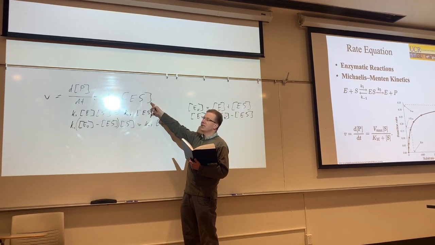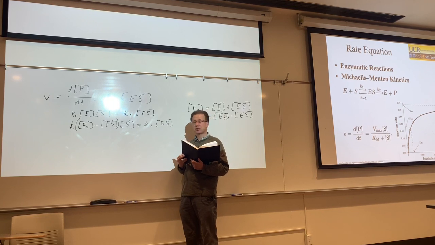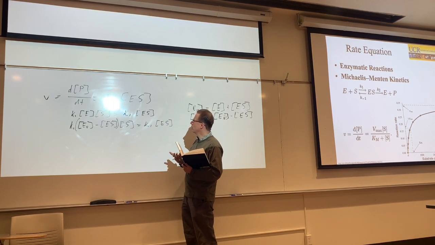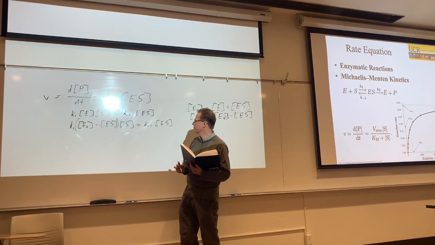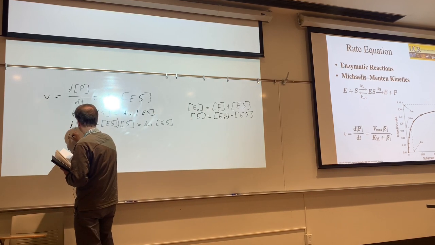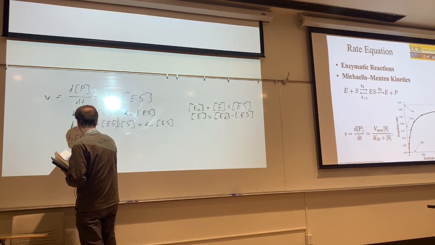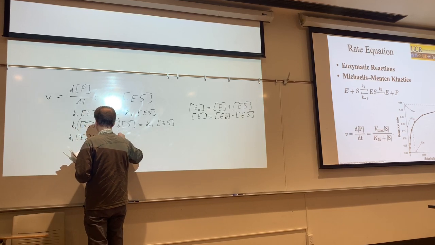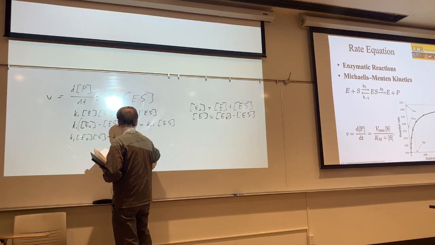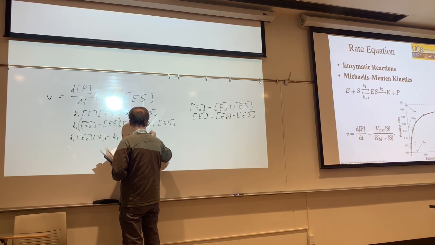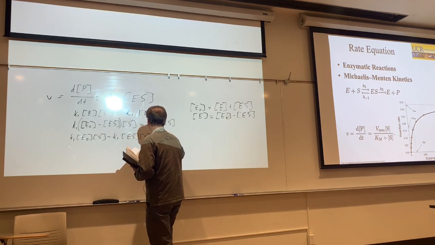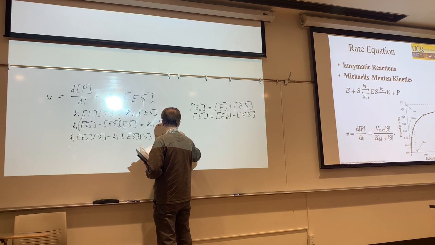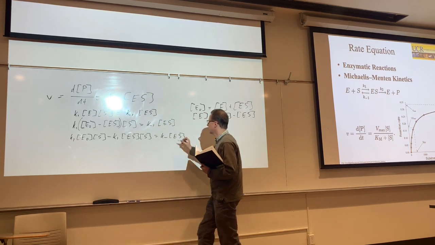What I need over here is the concentration of the enzyme substrate complex. So, in order to get that, I need to retrieve that. So I first multiply things out. K1 times the concentration of the enzyme, concentration of the substrate, minus K1 times the concentration of the enzyme substrate complex, times the concentration of the substrate, equals K minus 1 times the concentration of the enzyme substrate complex.